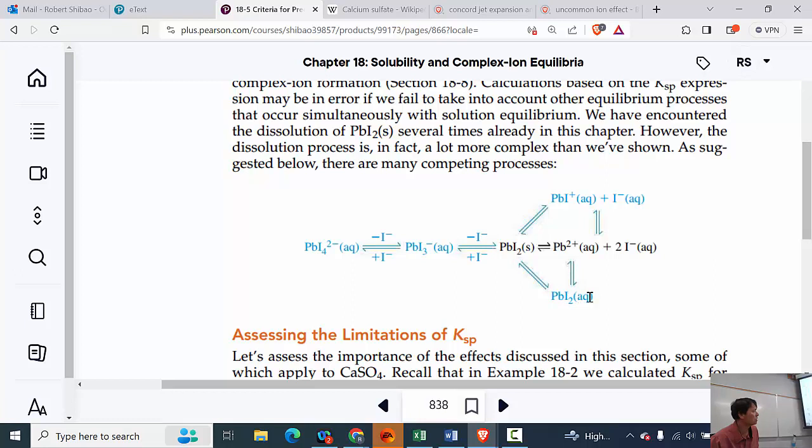Now PbI2 is like a molecule, versus PbI2 solid, which is a lattice. And so we have these molecular units here. They're not going to have any charge, but it would be a cluster. And these clusters are much more strongly bound. We call them ion pairs, which differentiates them from the shells that were formed in chapter 14. And so this would be like a little molecular unit here.